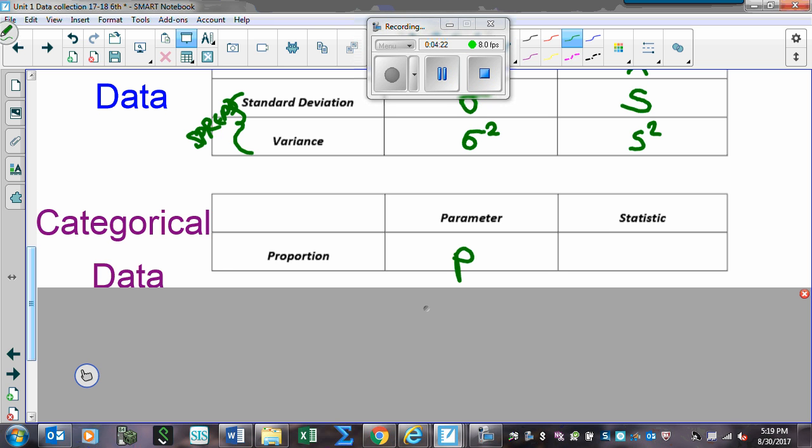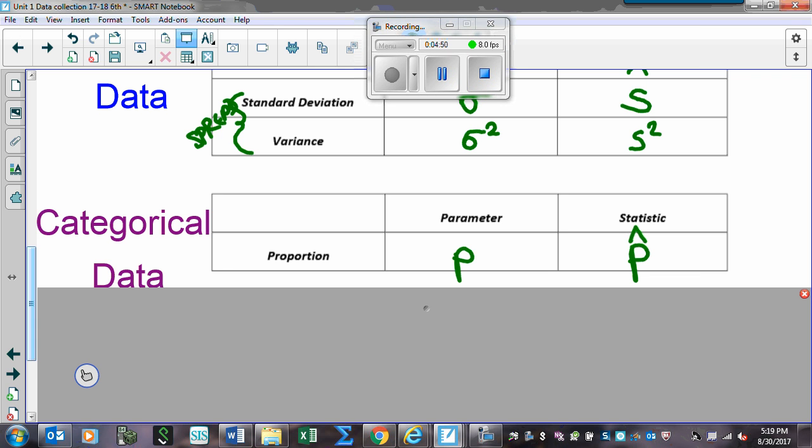Now, some people identify that p stands for parameter. It does not. p stands for proportion of the entire population. Or some people think it stands for population, but it's the proportion of the population. And if we took a sample, the proportion of the sample also has a p, but this has a hat on it, and we call it p hat. And so this is a sample proportion, which is p hat.